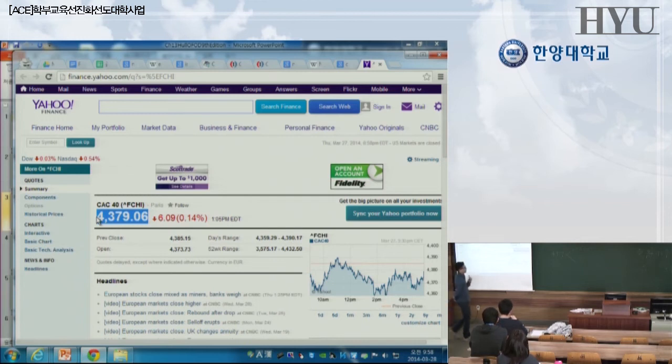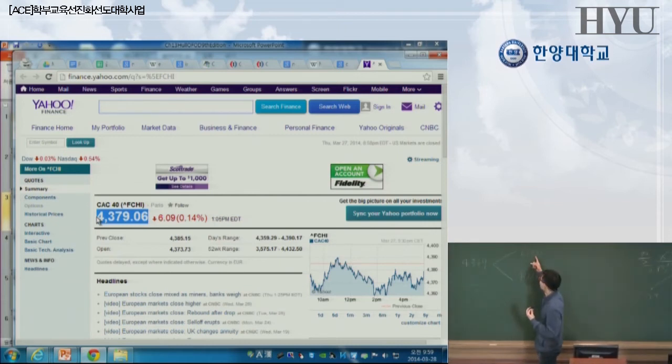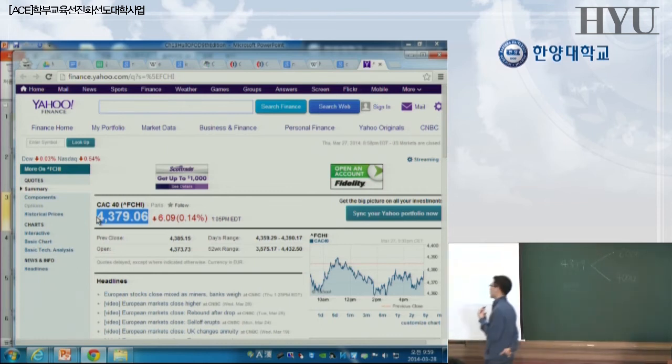In that case, let's be slightly pessimistic, and the index drops to 4,000. It's just hypothetical. It is easy to figure out these numbers, and I'll teach you how to get them. We can generate more realistic numbers later. There are two possibilities: it goes up to 6,000 or drops to 4,000.